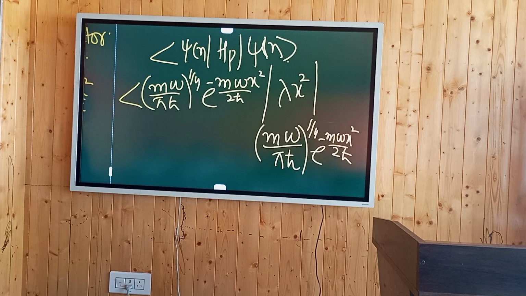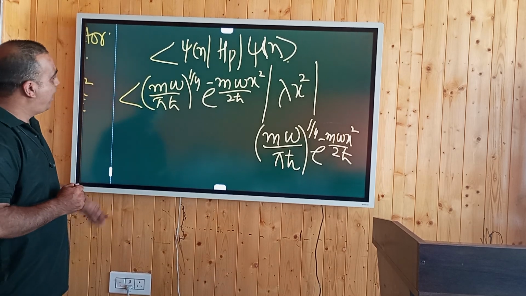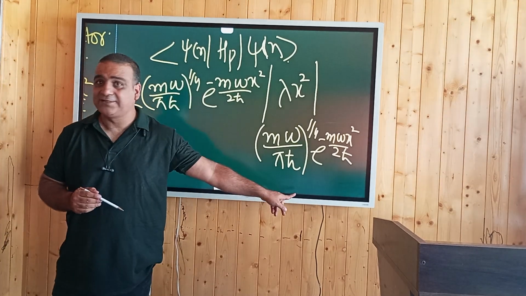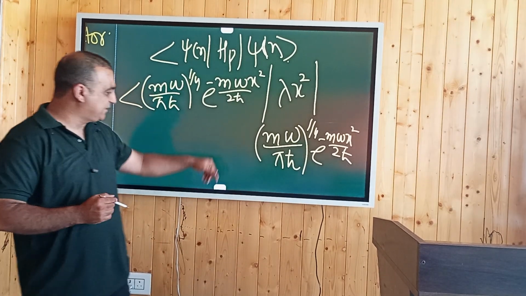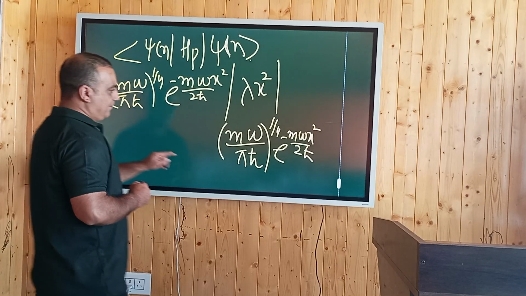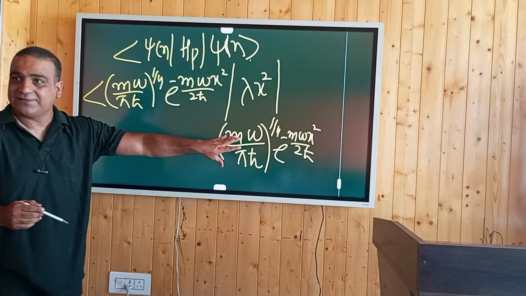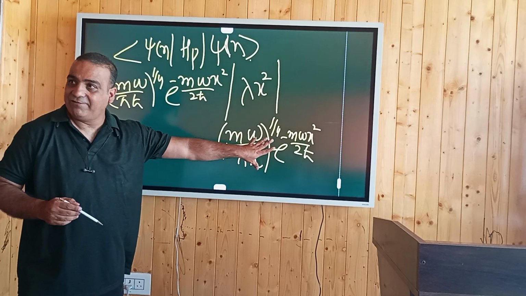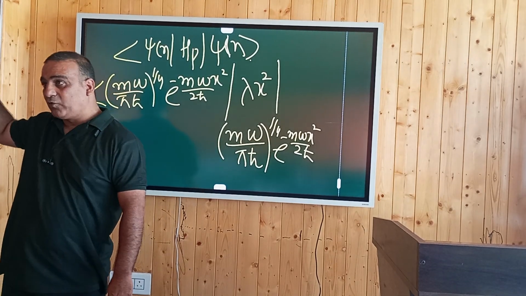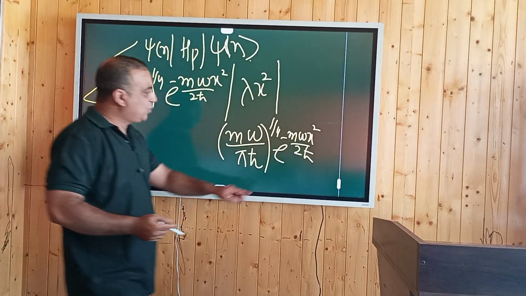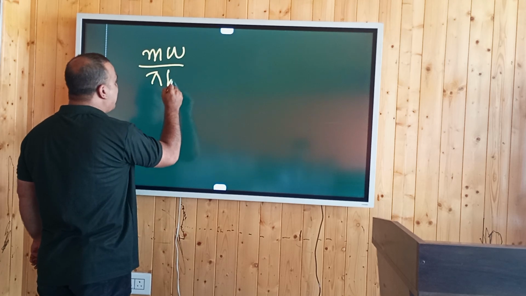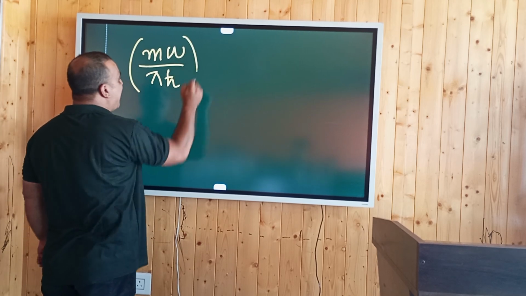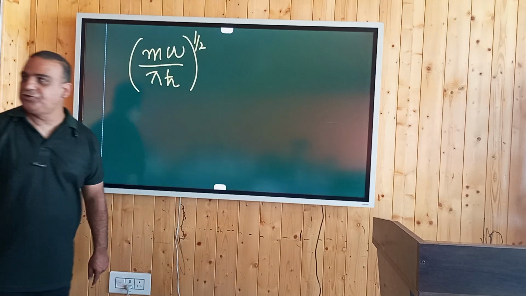Any queries? This is purely technical work that we are doing here. Now, you can see I can multiply these constants. If I multiply these constants, what will I get? This will be the square of this, and the 1 by 4 powers will combine. You will get 1 by 2. So you will have (m omega by pi h cross) whole raised to the power 1 by 2. I think there is no issue in this.